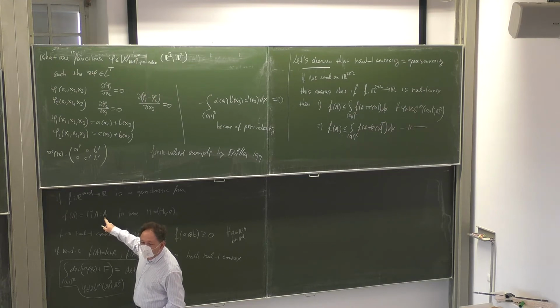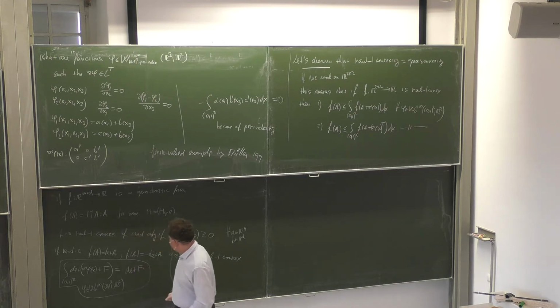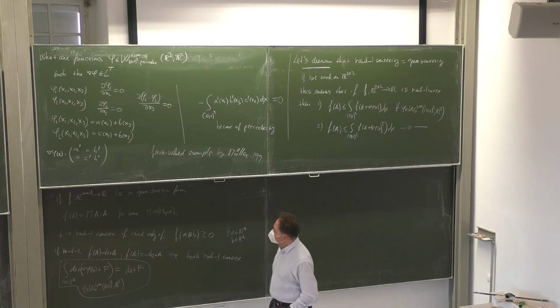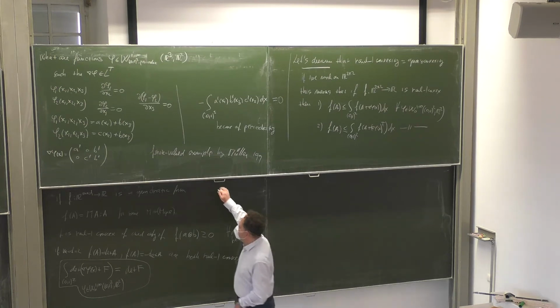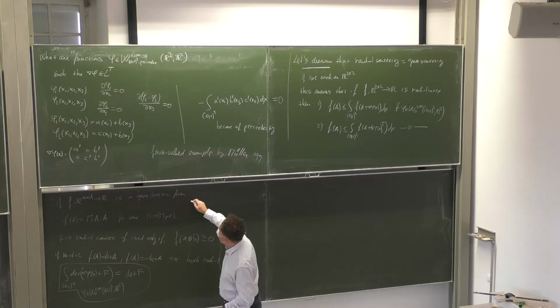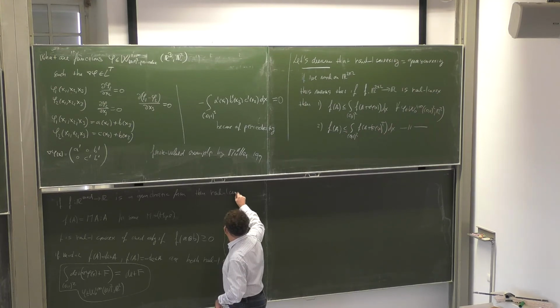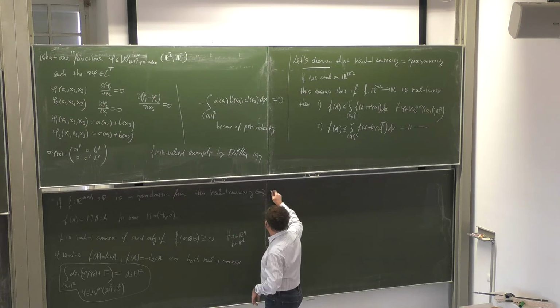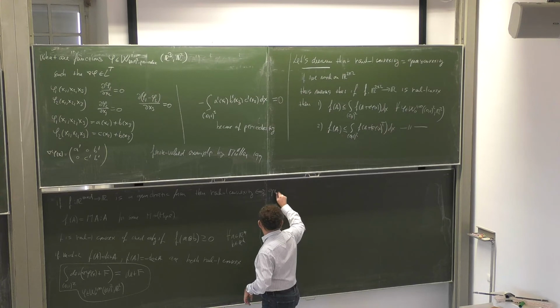And this tells you, because this has to be positive, that if you have a quadratic form, then rank 1 convexity is equivalent to quasi-convexity.